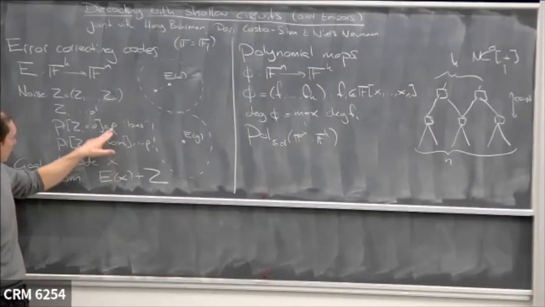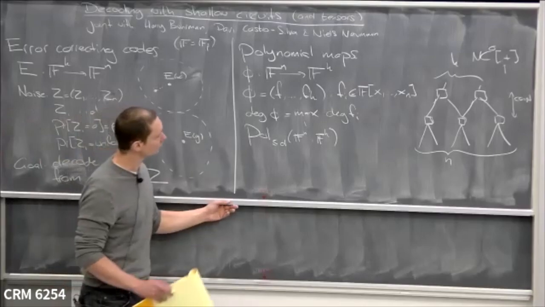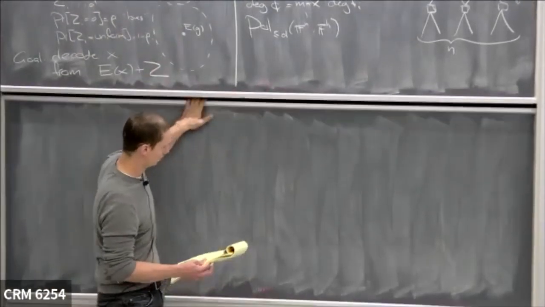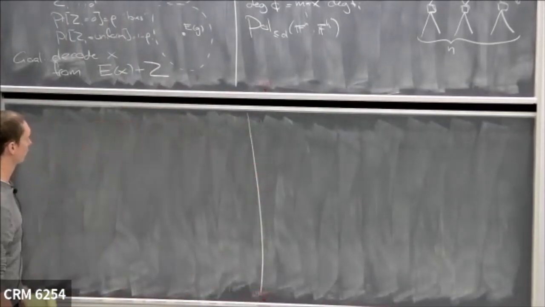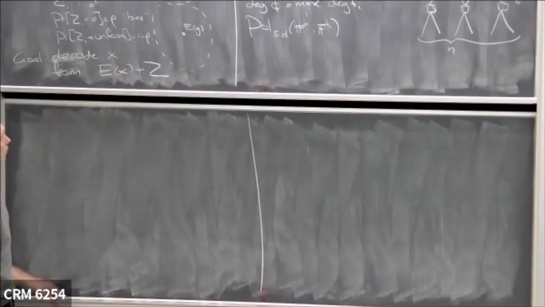But for that, this bias needs to go to 0 sufficiently quickly, and we were interested in the constant bias regime. Let me just get right to the main result. The main result I want to talk about today is that polynomial maps or NC0 circuits with parities are bad at this task of decoding randomly corrupted error correcting codes.